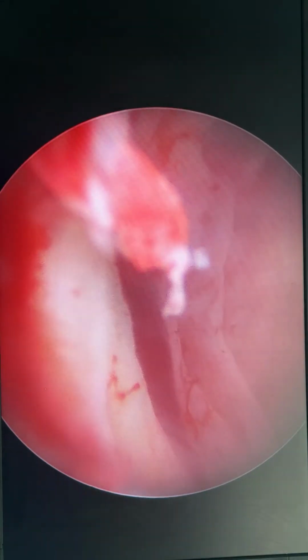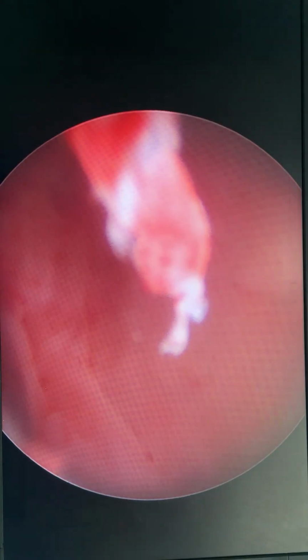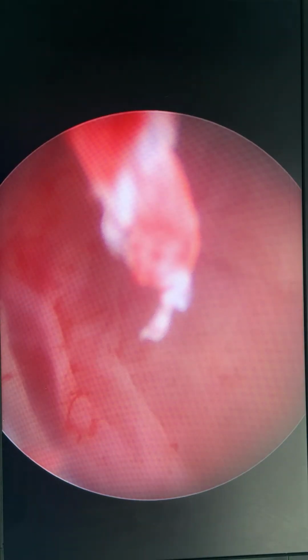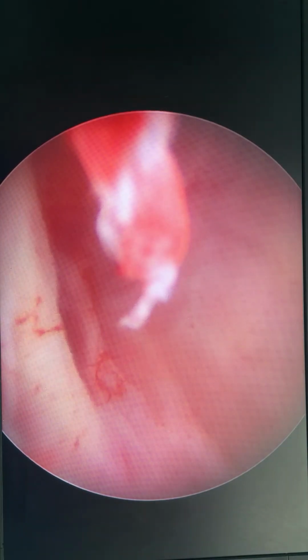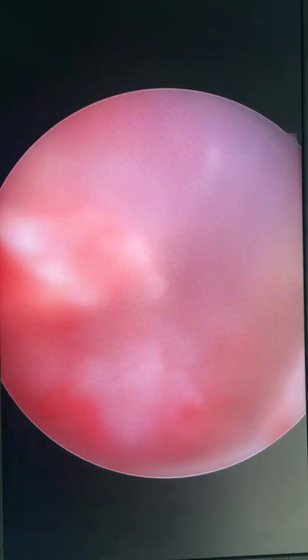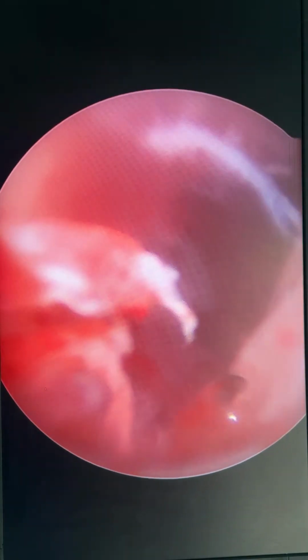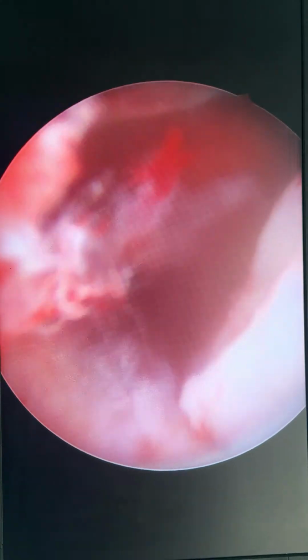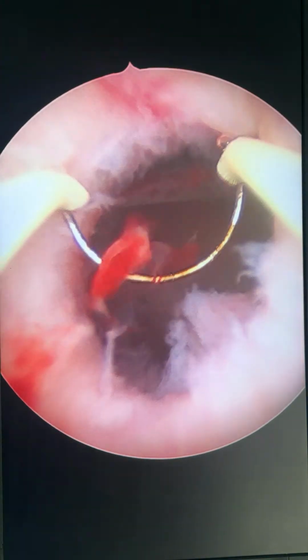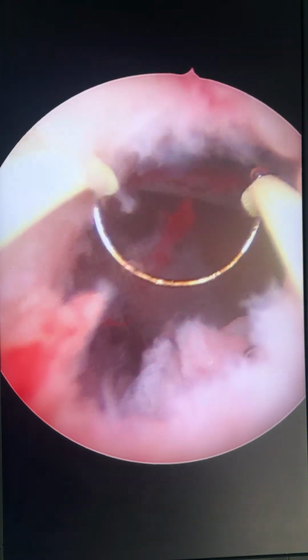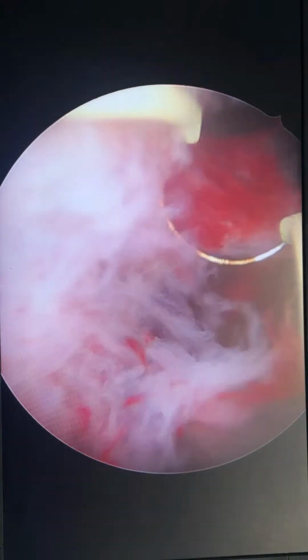Start. You see the chorionic tissue over here only.